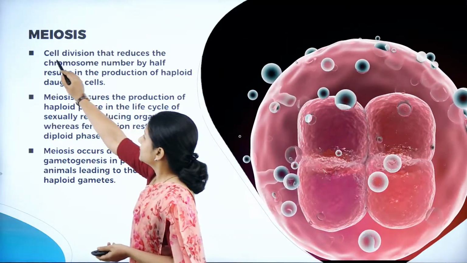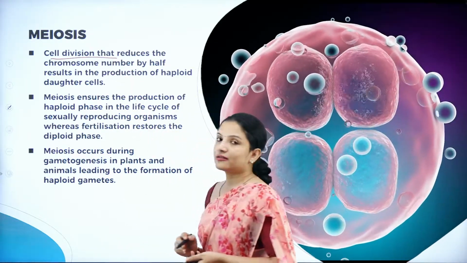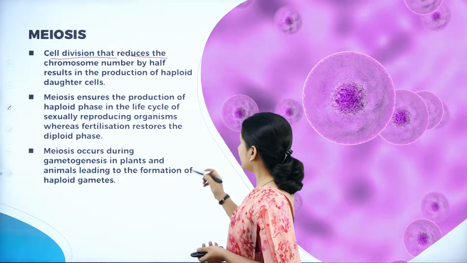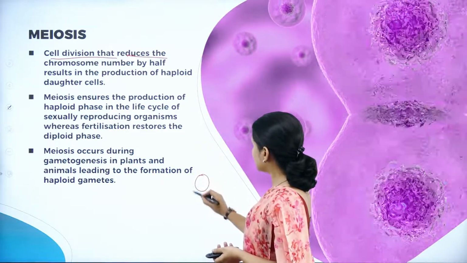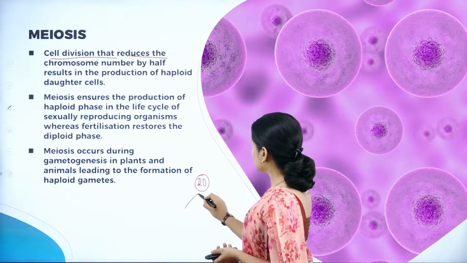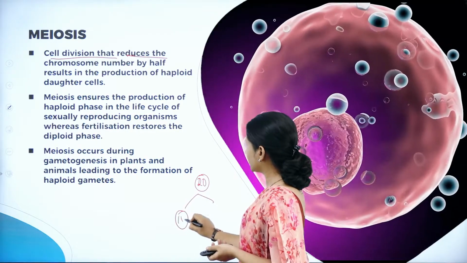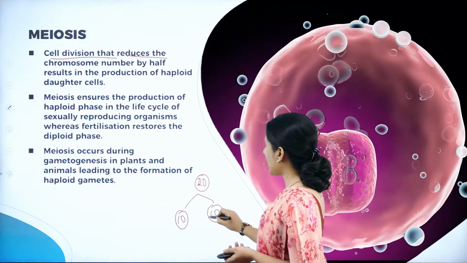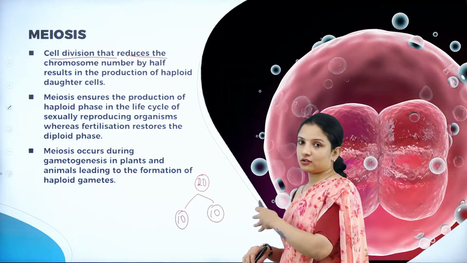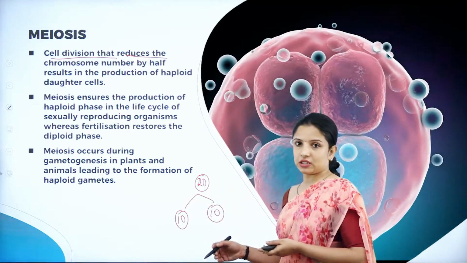So meiosis is a kind of cell division that reduces the number of chromosomes by half. Say for example, if a cell is dividing and there are 20 chromosomes, the chromosomes will be distributed to the daughter cells exactly half, that is 10 to one daughter cell, the other 10 chromosomes to the other daughter cell. So there is reduction occurring here, right?